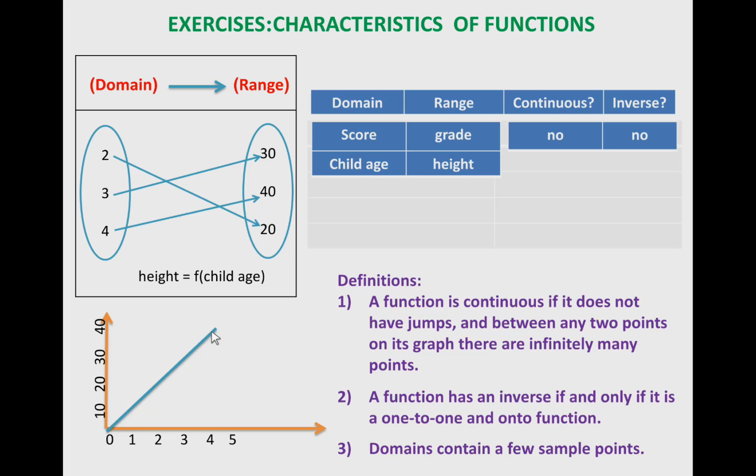Since it's linear, we can look at, for example, 1.5. 1.5 gives us a value of 15 for the height, and so on. 2.5 will give us a value of 25. So between any two values, there are values, and the function is linear. So that means the function is continuous.